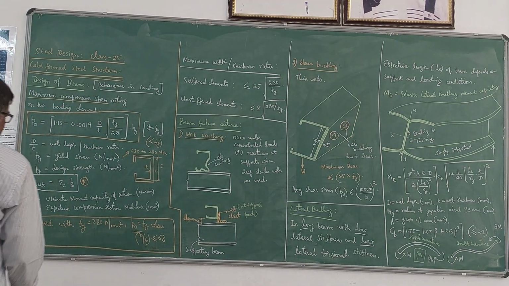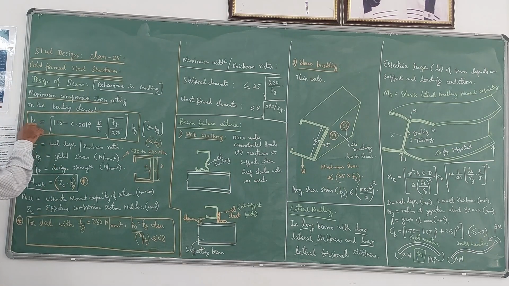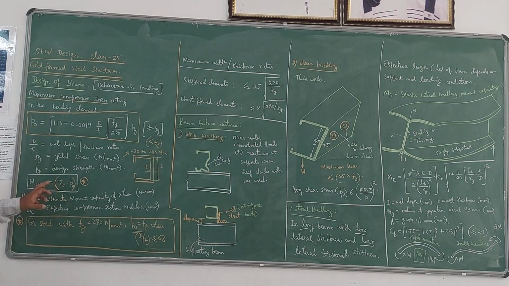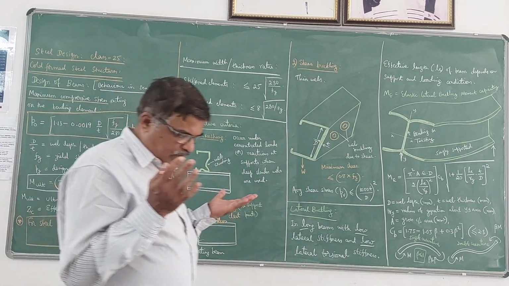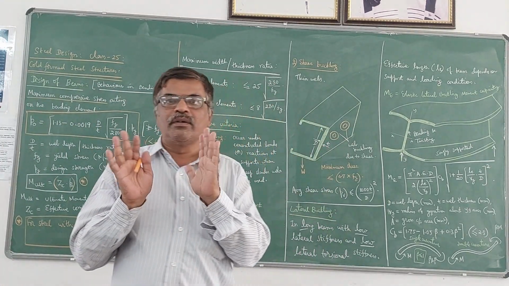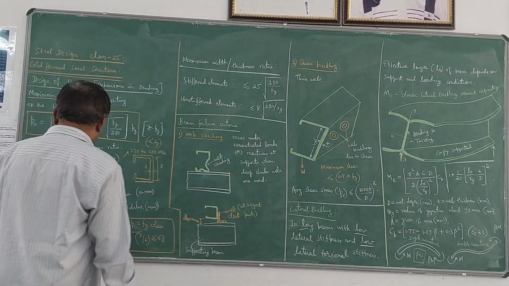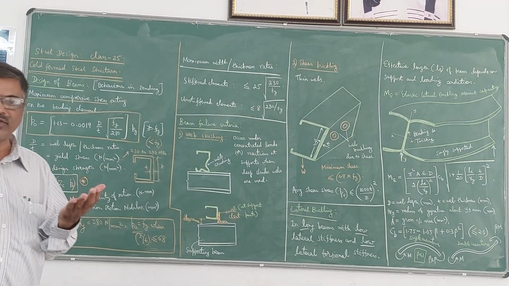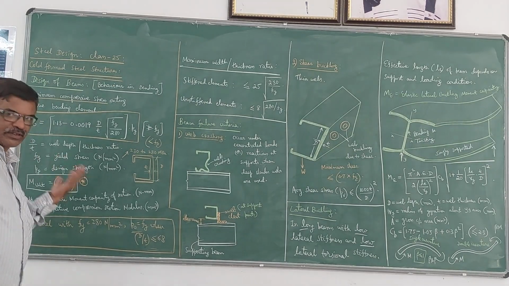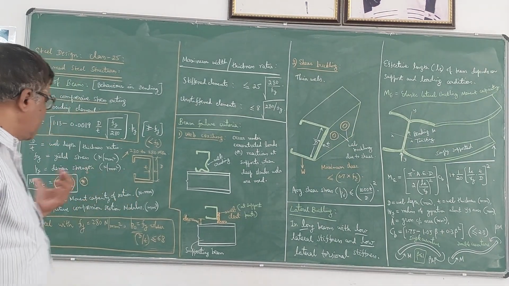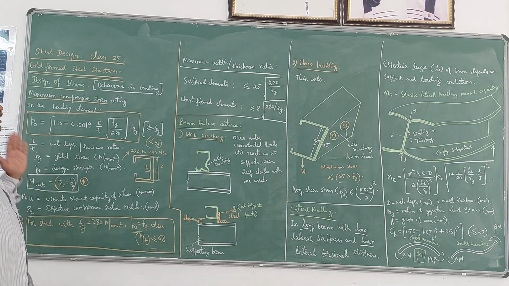When this effective section modulus is multiplied by the maximum compressive stress P naught, we get the ultimate moment capacity of the section. You can observe that this is similar to pure bending of beams in strength of materials, where section modulus multiplied by the stress gives the moment carrying capacity. Similarly, here M ultimate is equal to Zc into P naught.